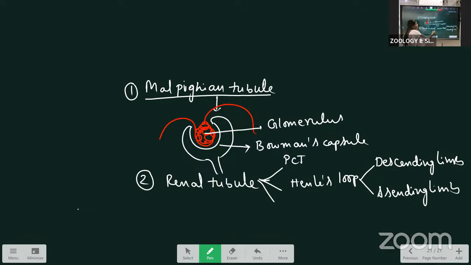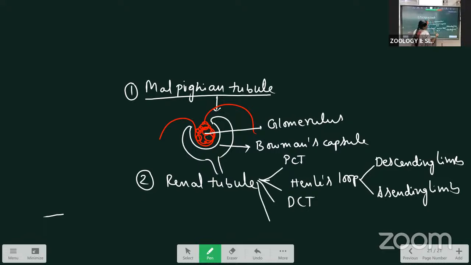Next is the DCT, distal convoluted tubule. We call it the proximal convoluted tubule because it is nearby the Malpighian tubule. Next is the Henle's loop. Next is the distal one, which is far from the Malpighian tubule. That's why we call it the DCT, or distal convoluted tubule.